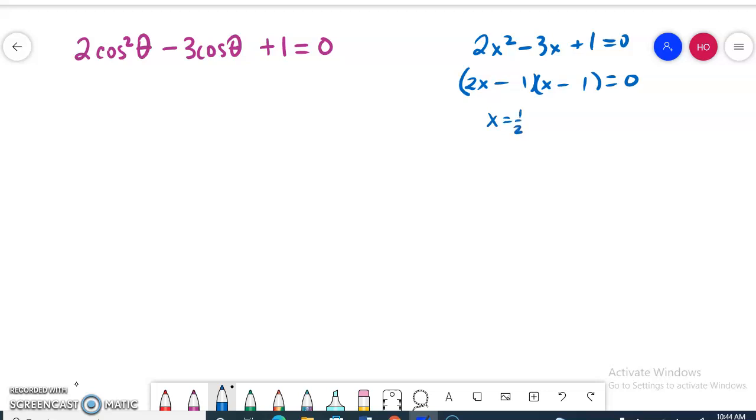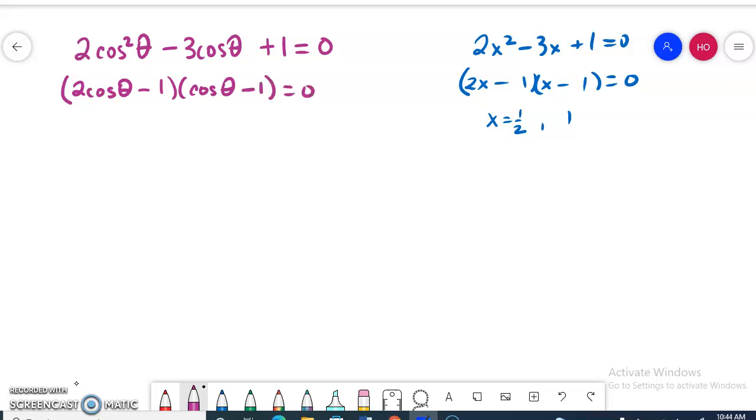X is either going to be positive 1/2 or positive 1. So this is really the same equation, except instead of x, we've got cosine theta. So it should factor into 2 cosine theta minus 1 and cosine theta minus 1.